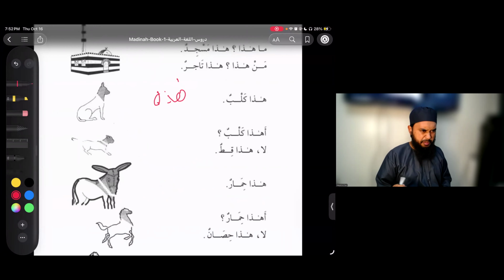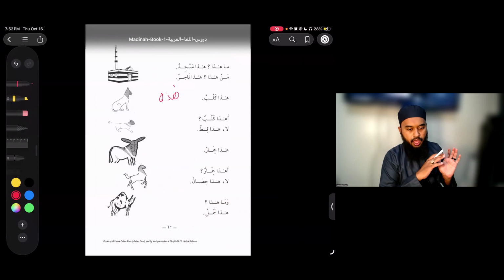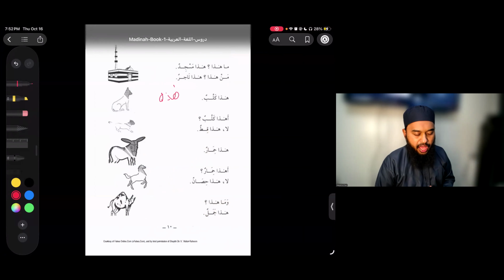However, he will bring it, I think, in chapter 7 or chapter 6. He'll start bringing in the opposite gender, females, and it'll be just applying the same rule and changing hada to hadihi. So it's hadihi, sister. Hadihi will be for a female, or even a feminine word in Arabic.